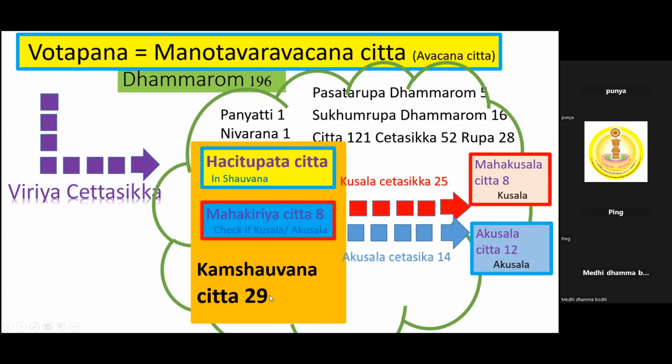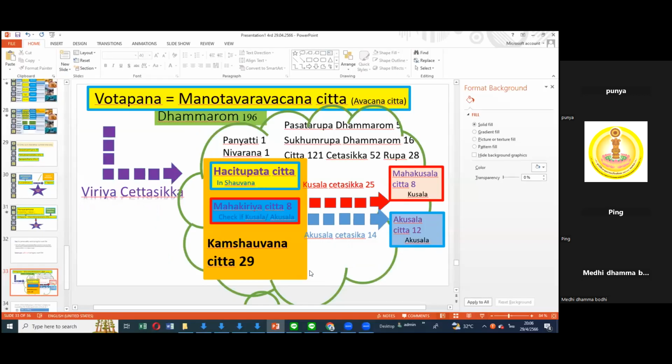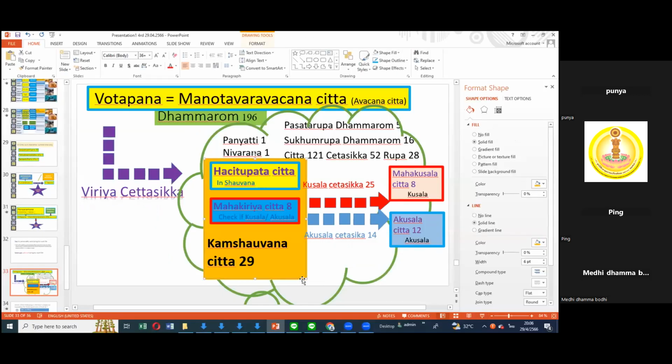In Kamma Javana 29, the very important chitta that has the role to check whether it is Kusala or Akusala is Mahakiriya Chitta 8. After checking, Mahakiriya Chitta 8 is gonna send it to Mahakusala Chitta 8, which is in Kamma Javana as well. And Akusala Chitta 12 here considers whether it is Kusala or Akusala. Remember this as well.